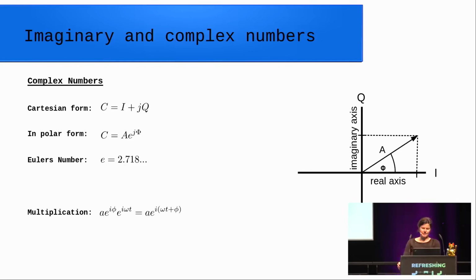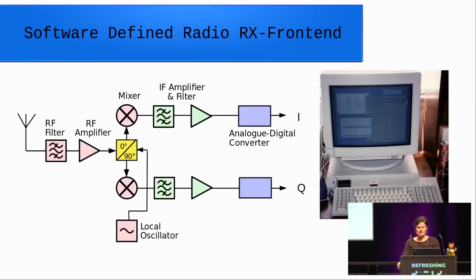So the first step in the software-defined radio is to get the right parts of the signal through the front end, because if you don't get your IQ data properly, decoding it in software afterwards becomes very, very difficult or even impossible.